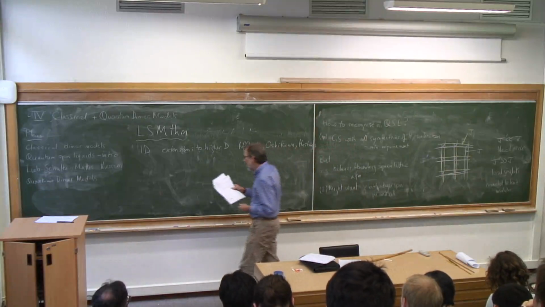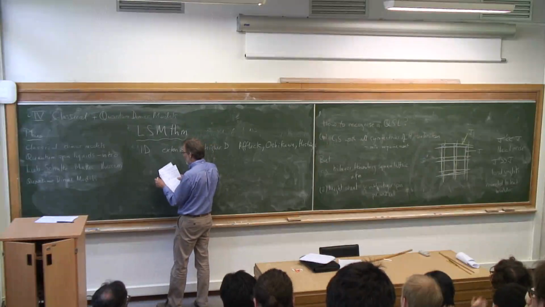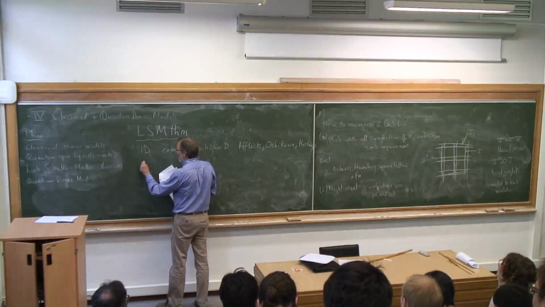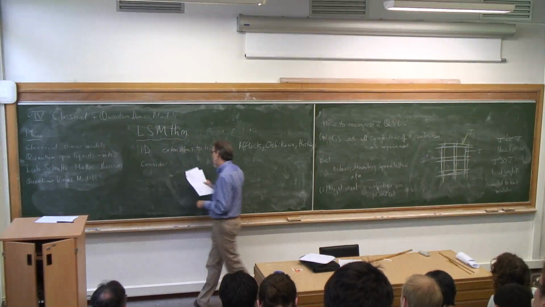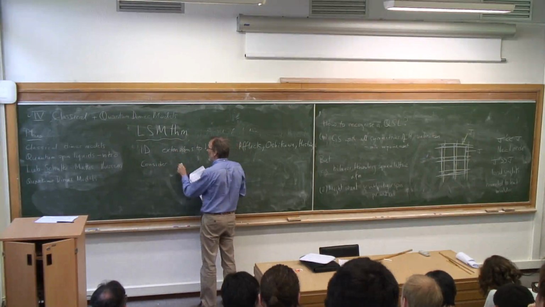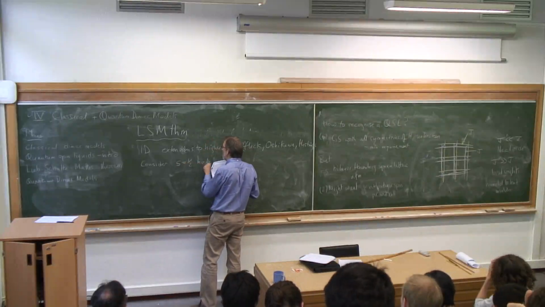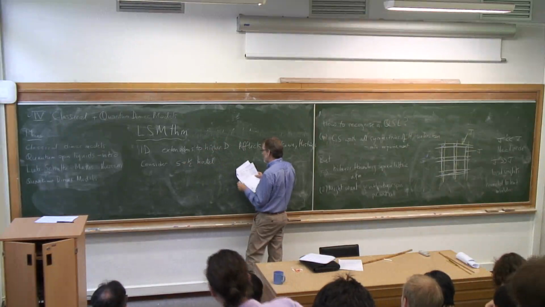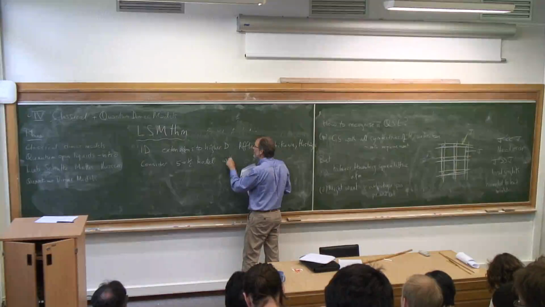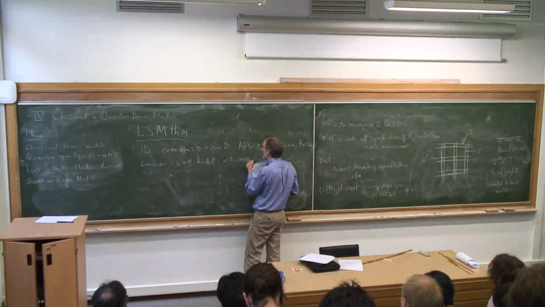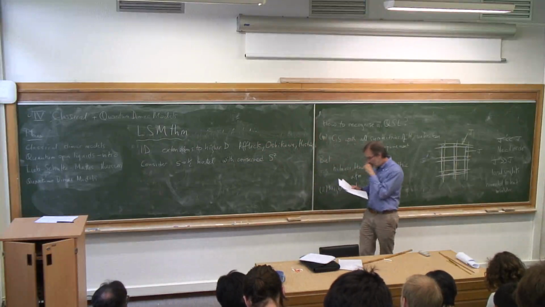So, what I want to think about is a system, and I'll talk here about a spin chain, but we could imagine a higher dimensional lattice. And the important thing is going to be that we have conserved S^z.